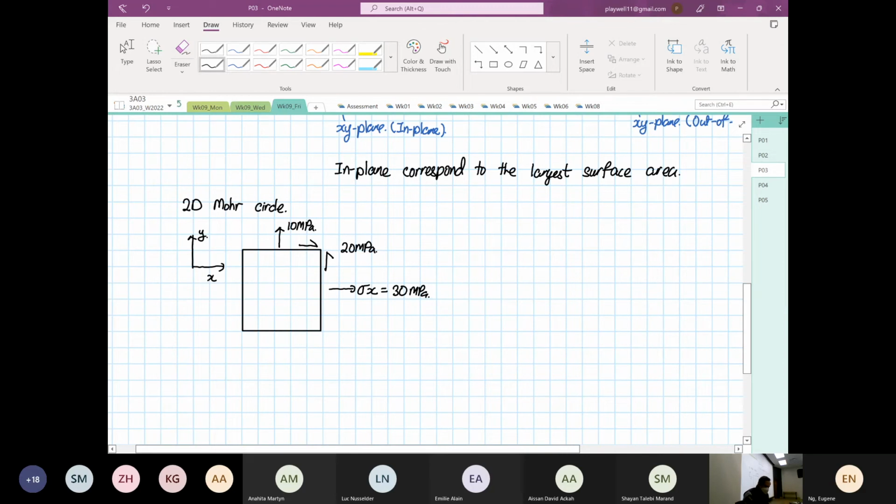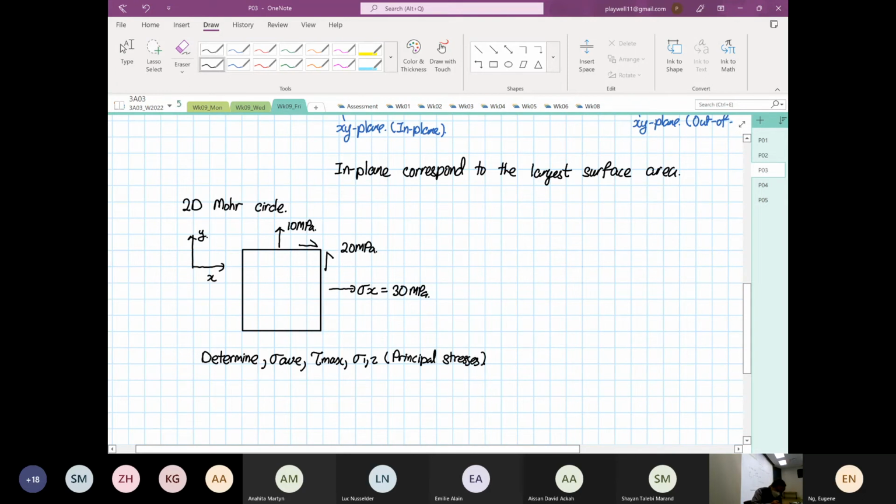Okay, so what we are going to do is determine our stress average, our maximum shear stress, and our stress 1 and 2, which correspond to our principal stresses.